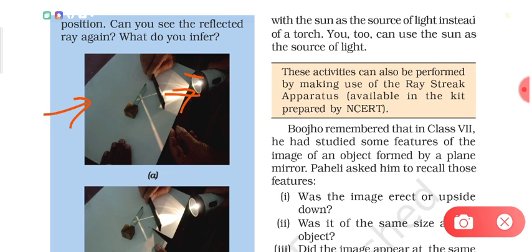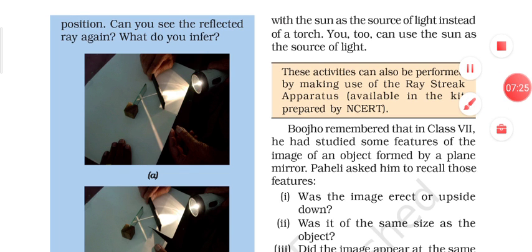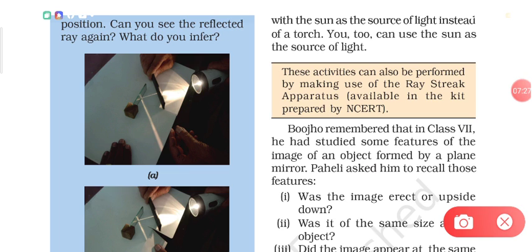You will put this paper in such a way that it is hanging out of the margin of the table. Now you will again do the same activity: you will switch on the torch, you will generate an incident ray, and it will bounce back, and that will be called a reflected ray.